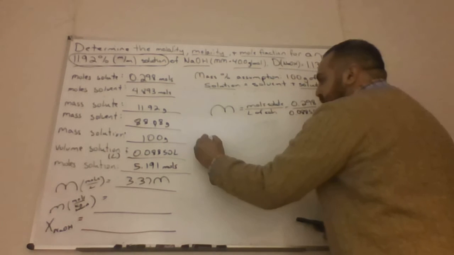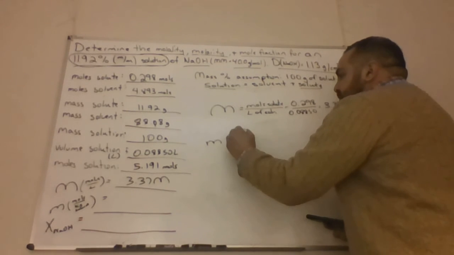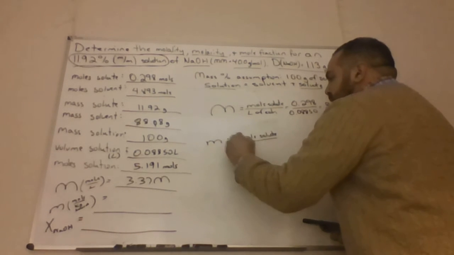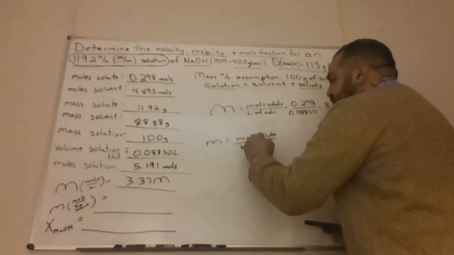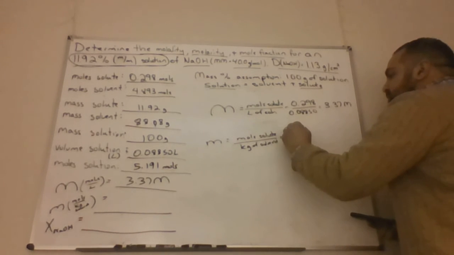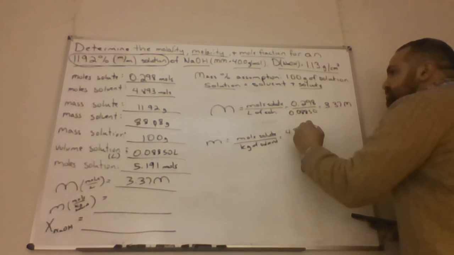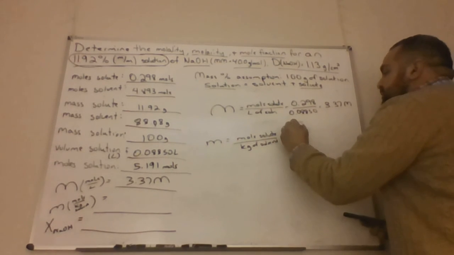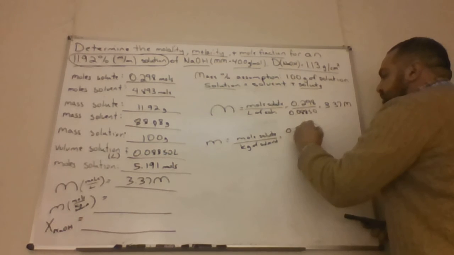Now to calculate molality, it's moles of solute over kilograms of solvent. So the moles of solute, 4.893. Oh, excuse me, no. The moles of solute is 0.298.